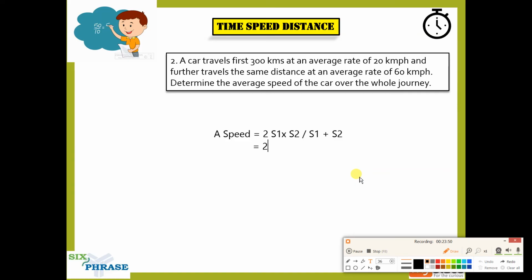It will be 2 into s1, which is 20 kilometers per hour, into s2, which is 60, divided by 20 plus 60, which is 80. So this will give you the answer: 2400 divided by 80, which should be 30 kilometers per hour.